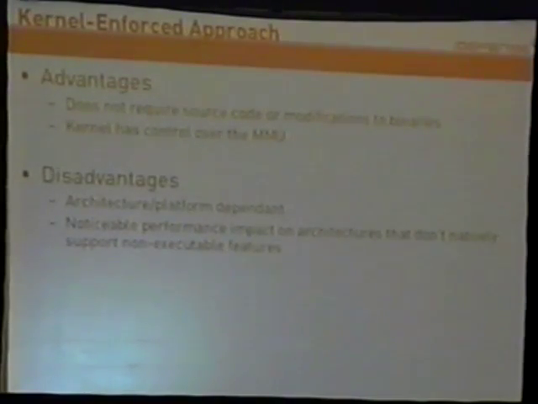Of course, the disadvantages of this is that it's architecture and platform dependent, unlike a patch to GCC, which will apply across the board since it's just modifying the prologue and epilogue functions. In this case, you're going to have to do a lot more work as far as making it work on a SPARC architecture as opposed to x86 or PowerPC, whatever it may be.